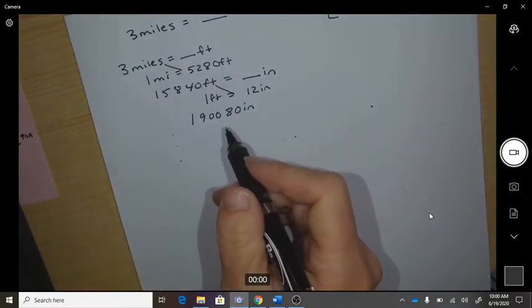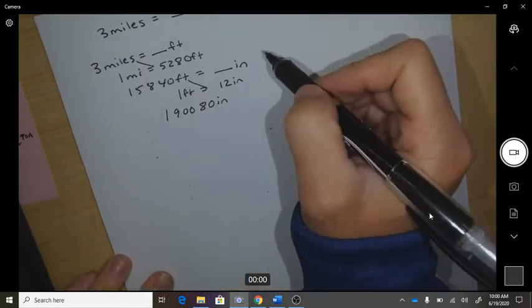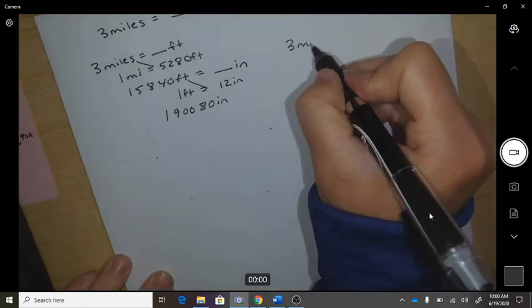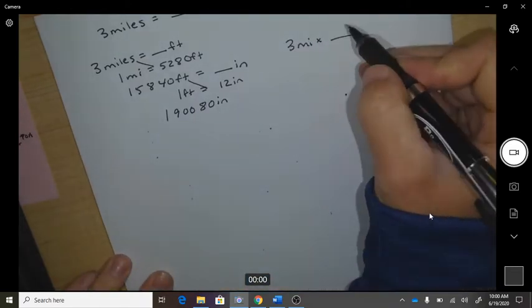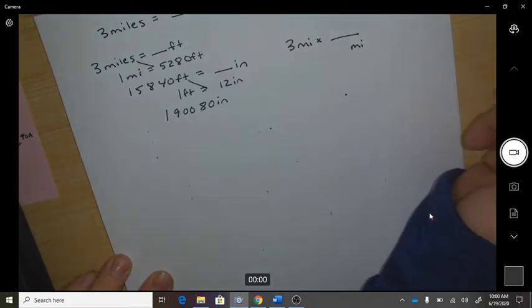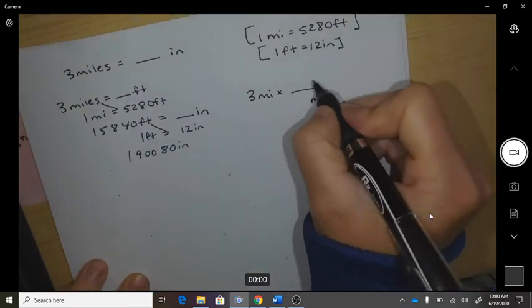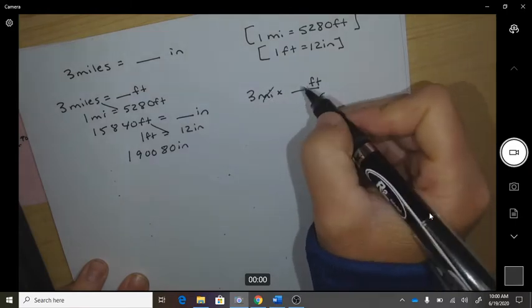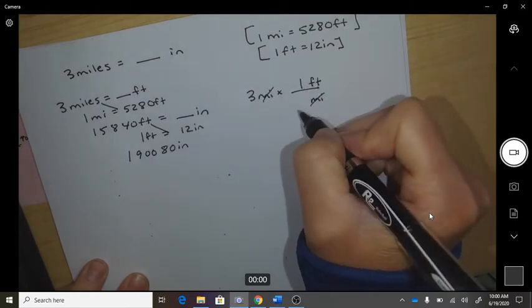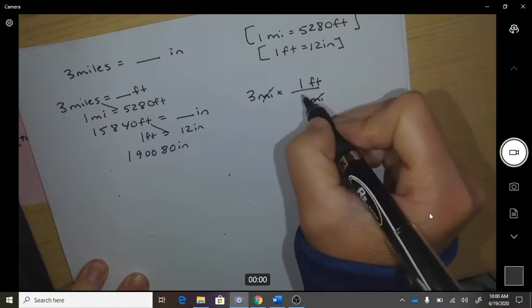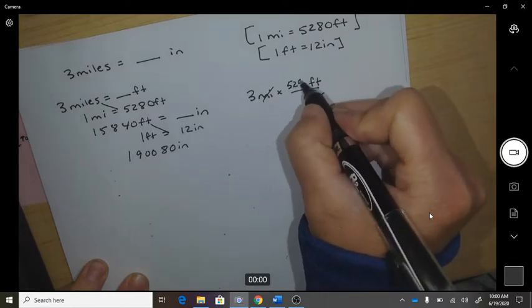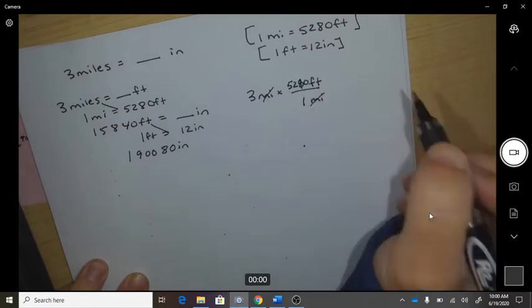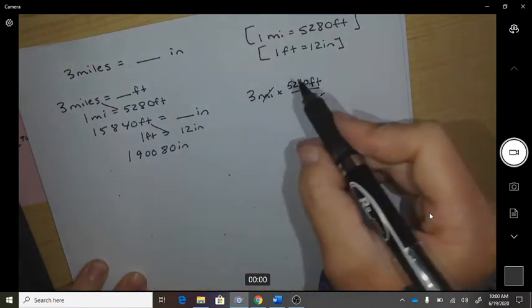Okay, so in method 2, the fraction method, you would start with 3 miles, times it by a fraction, so you want to get rid of miles. And then we talked about going to feet. So 1 mile is 5,280 feet.